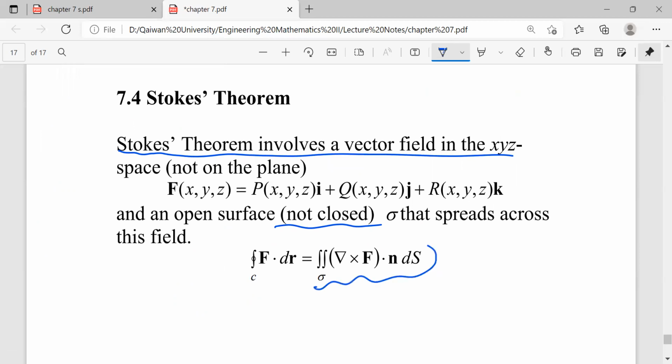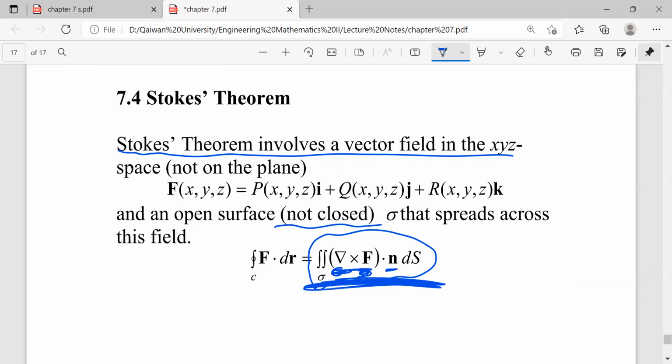The Stokes theorem is this one. Here we find the cross product of the gradient with the vector field, then the dot product with the normal vector n, over ds, over sigma. This is a double integration. This is the rule of Stokes theorem.